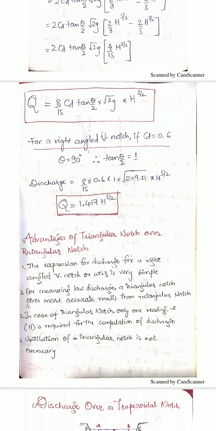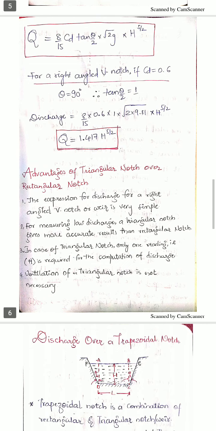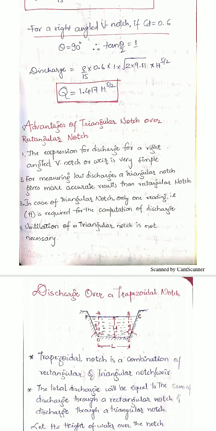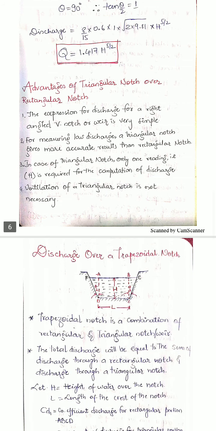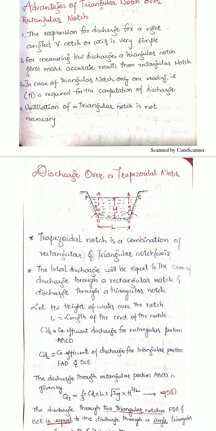For high discharge it won't give good results, but for low discharge the triangular notch gives good results. In the case of a triangular notch we require only one reading, the small h, for computation of discharge. Ventilation of a triangular notch is not required. So these are the advantages of the triangular notch over the rectangular notch.